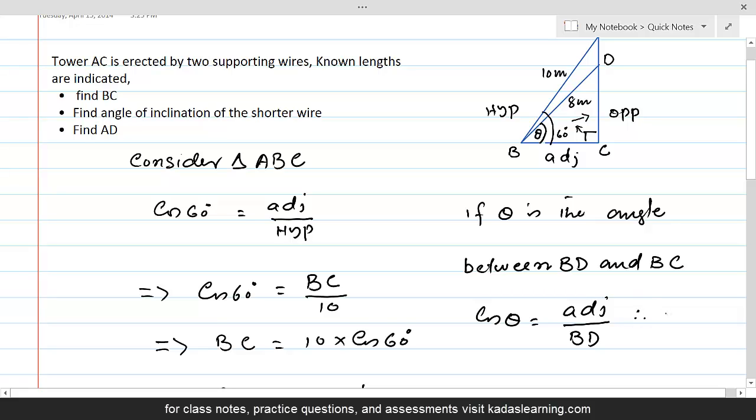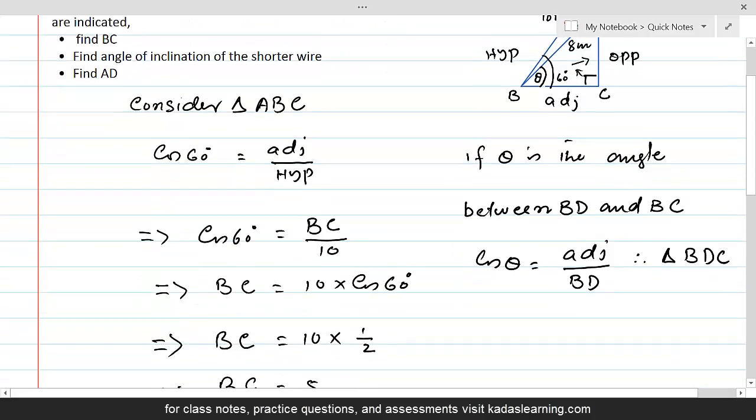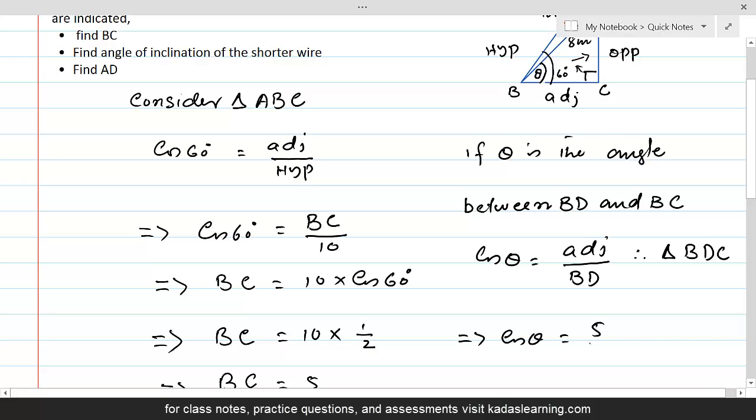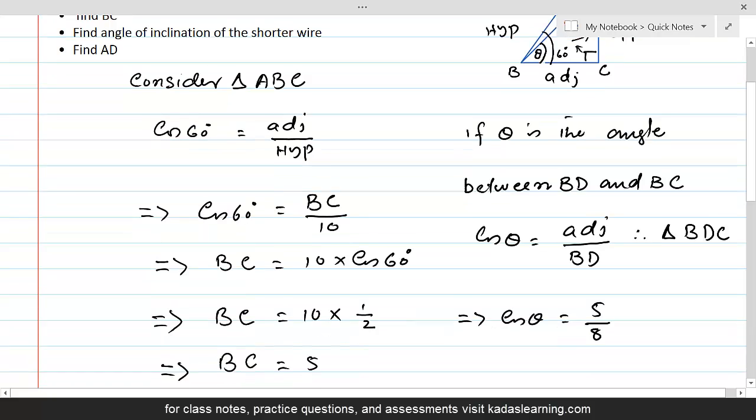because we are talking about the triangle BDC. So this time BD is equal to 8 and the adjacent we have already found, that is equal to 5. Therefore, we can say cos theta is equal to 5 over 8.